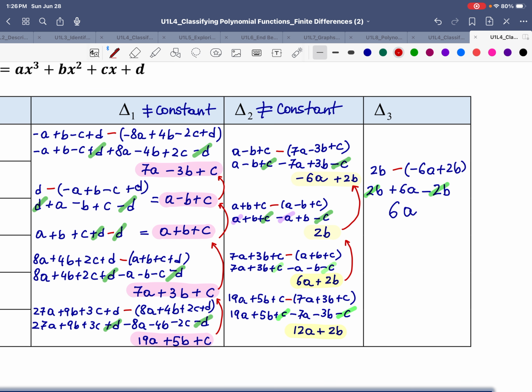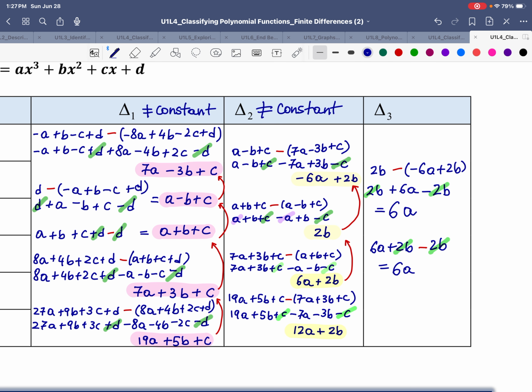We have 6a plus 2b, and then subtract 2b. We don't need brackets. We're subtracting only one term, so a monomial. And you see again that we have the 2b's simplified to a 0, and we get 6a as delta 3 for this pair.